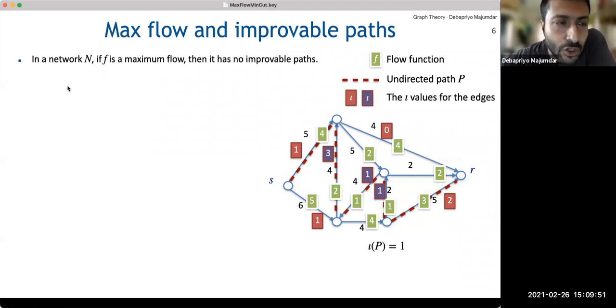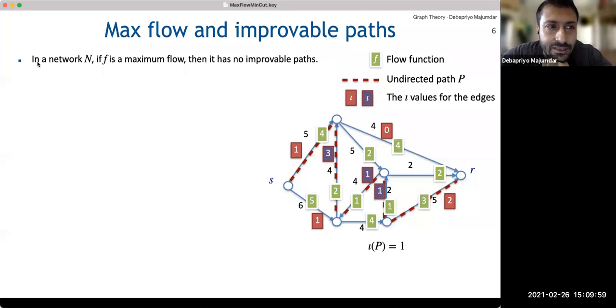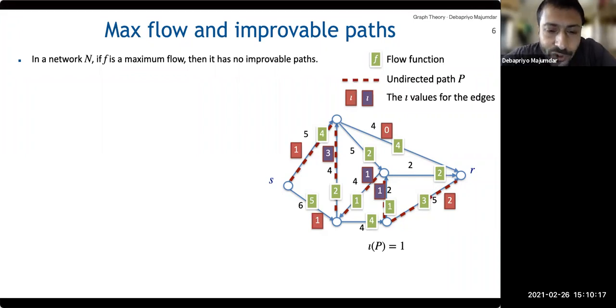Folks, I have not written it in the form of theorem and corollary and stuff like that. In the books, they have it that way, but they're just following one from another. So this is actually one of the theorems that if F is a maximum flow, then it has no improvable path. Well, then what we already worked out tells us that the flow that I have assigned is not a maximum flow. We could do better. And that's why the terminology improvable comes in.